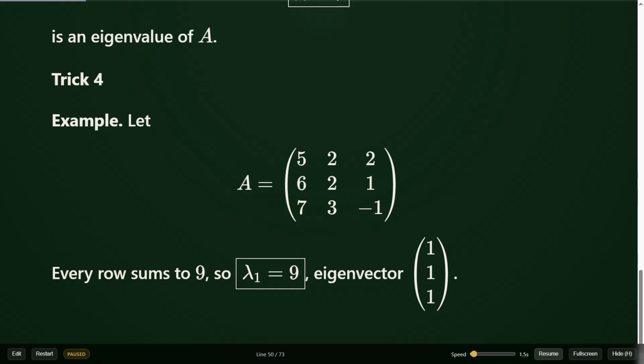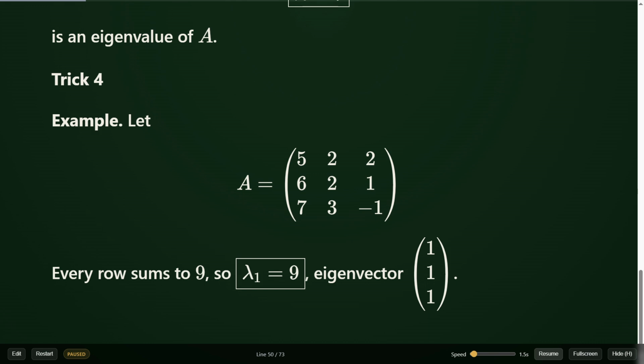Because if we take the first column 1 times plus the second column 1 times plus the third column 1 times, we will get the RHS vector equal to 9 9 9, which is 9 times 1 1 1, and therefore the eigenvector corresponding to eigenvalue 9 is 1 1 1.